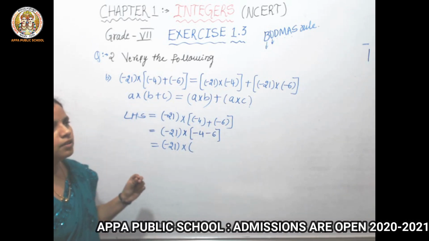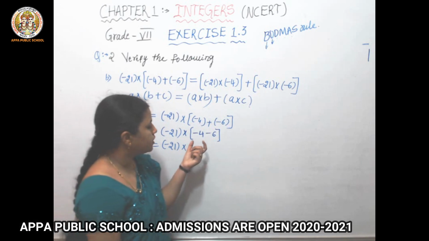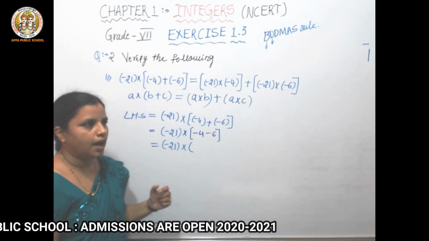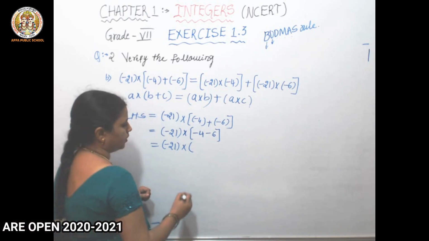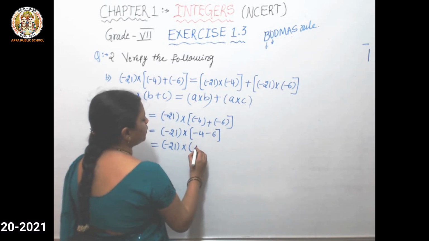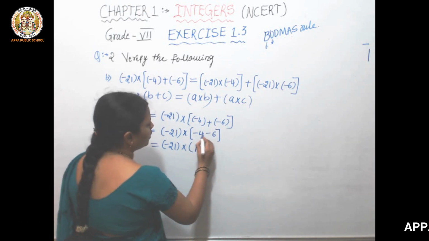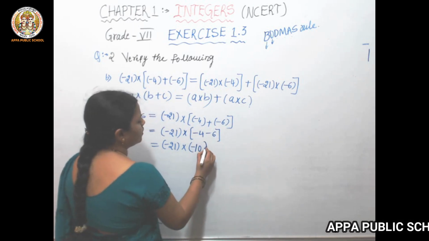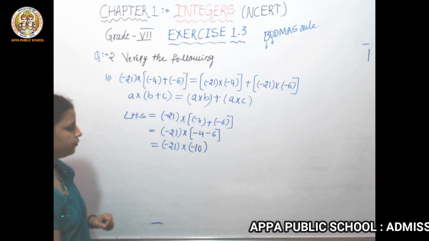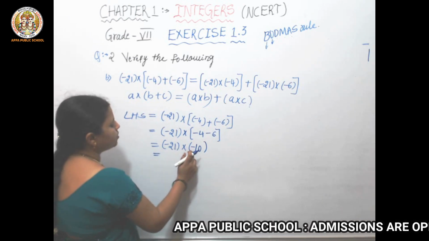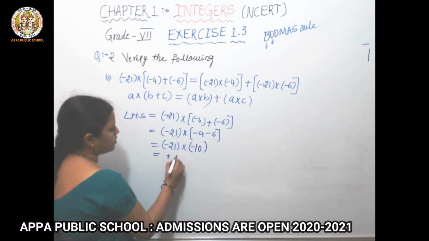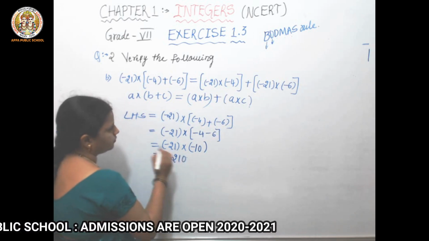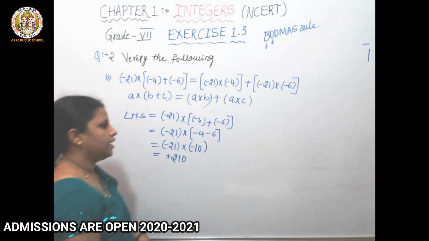So whenever the two integers have the same sign, we will add them and write the sign of the respective number. So 6 plus 4 is 10, and both are with the negative sign, so it is minus 10. Now minus into minus is plus, 21 into 10 is 210. This is regarding the LHS.